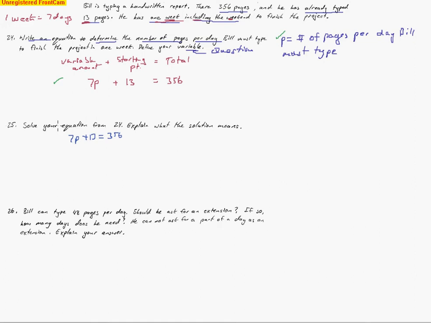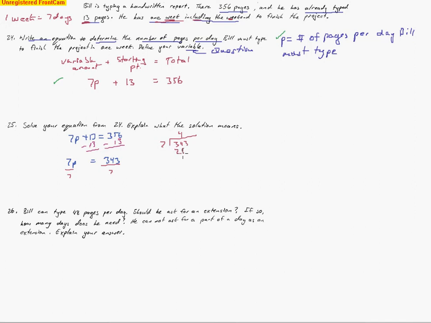So now we just go ahead and solve. We're going to subtract the 13, and we're left with 7p equals 343. Our next step is just divide by 7. We can set it up off to the side. 7 goes into 34 almost 5 times, but not quite, 4 times.